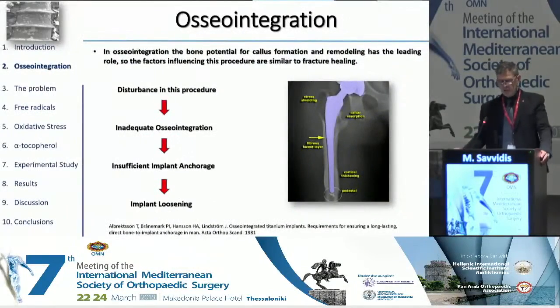In osseointegration, the bone potential for callus formation and remodeling has the leading role, so the factors influencing this procedure are similar to fracture healing. Any disturbance in this procedure leads to inadequate osseointegration and insufficient implant anchorage, with the final result, implant loosening.